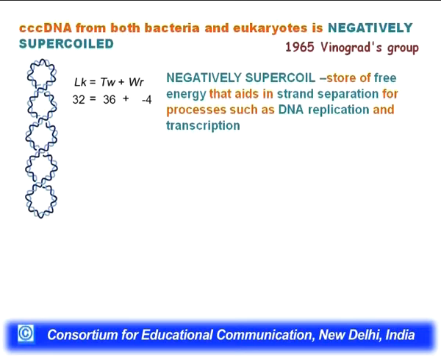So, for every process, the replication, transcription, you need the energy to be there, and that energy is stored in this supercoiling. So, when the DNA is present in the supercoiled state, and when the protein machinery comes in to either replicate it or transcribe it, then when it sits on the DNA molecule, the DNA unwinds.